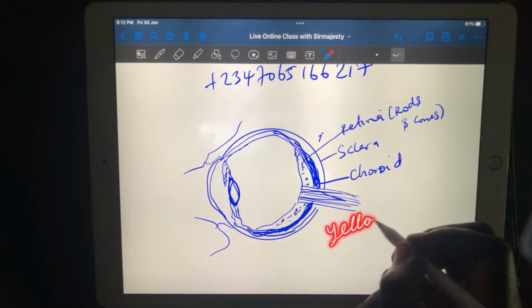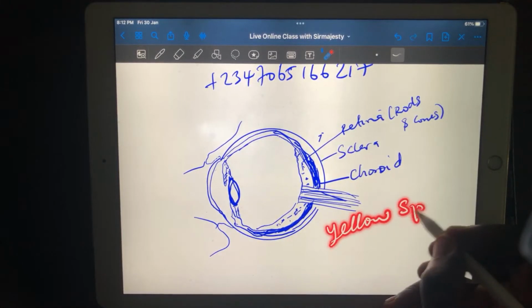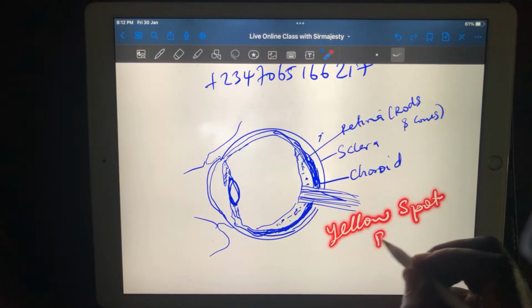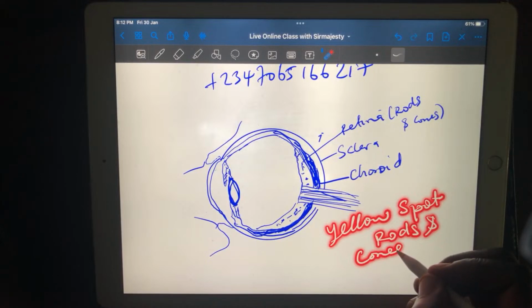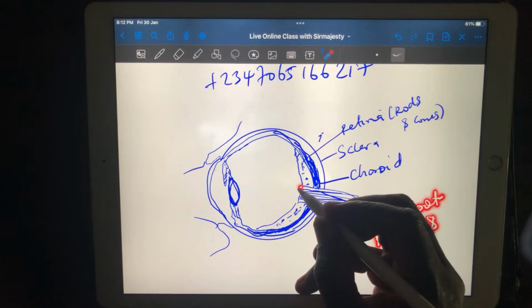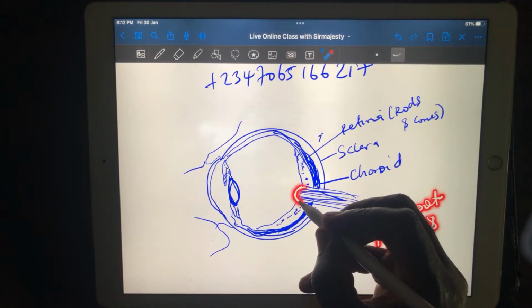That's where we have the highest concentration of rods and cones. But the part that doesn't have any rod or cone is the blind spot. So if images are focused on the blind spot, you will not see it.